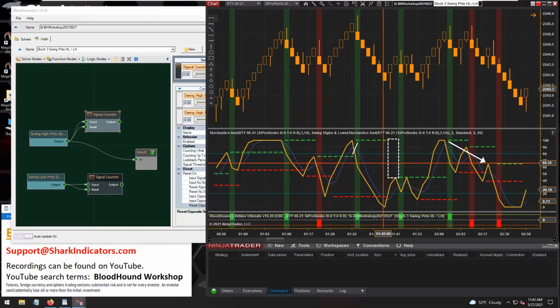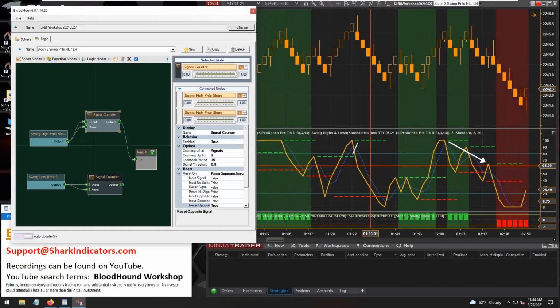That's tricking the slope solver into thinking that the swing high is stepping up because of these two missing plots. So we did get a false positive due to those two missing plots, and we have a long signal due to that issue here.